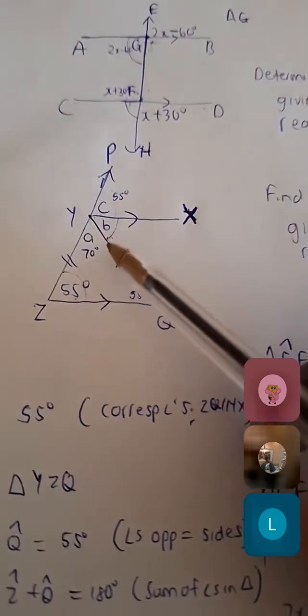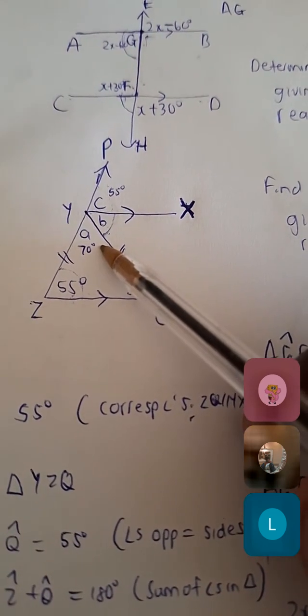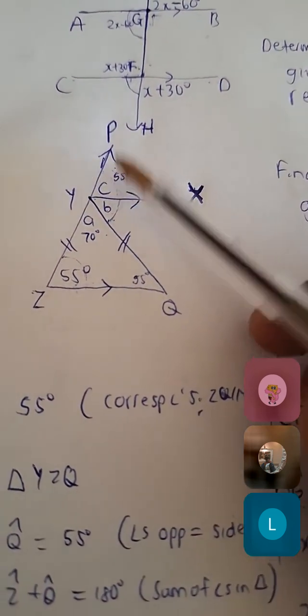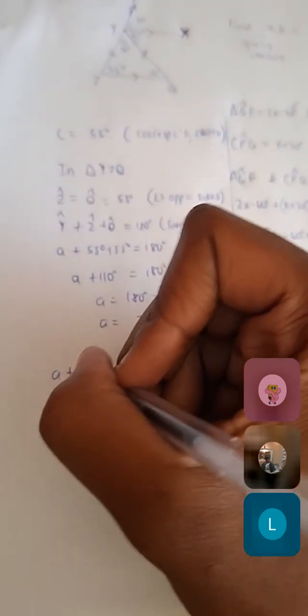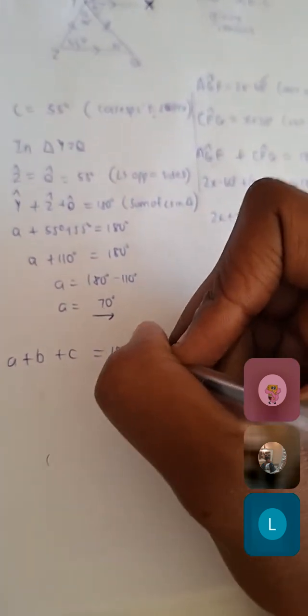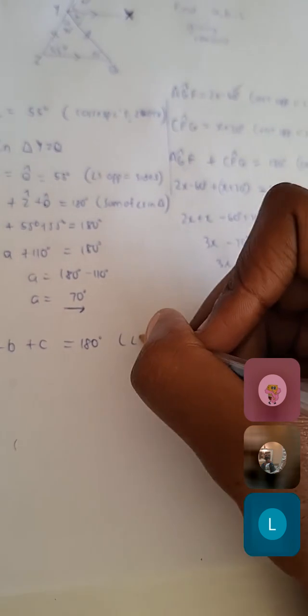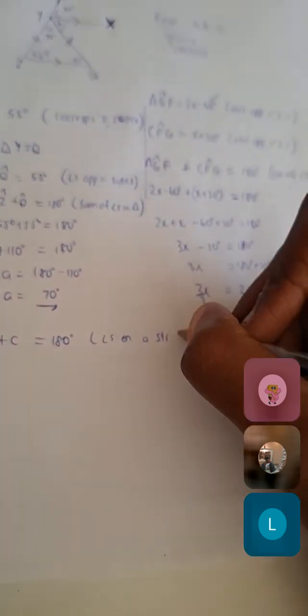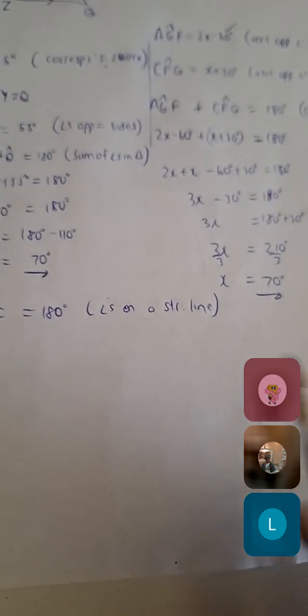Then we go to number B. We say A plus B plus C is equal to 180 degrees, angles on a straight line.